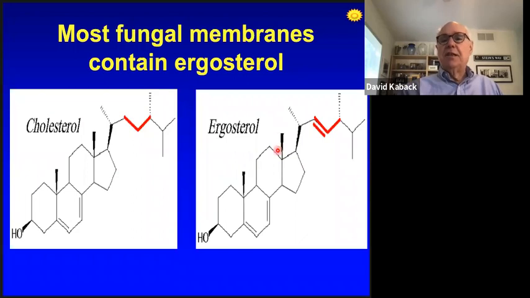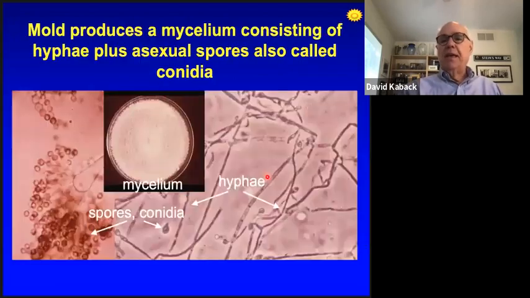The next thing I want to tell you about fungi is that fungi produce a mycelium, which I mentioned before. When we look at that mycelium under the microscope, we see hyphae, as I told you, which are these tube-like structures. And we see conidia, which are the little spores that are usually capable of being airborne.